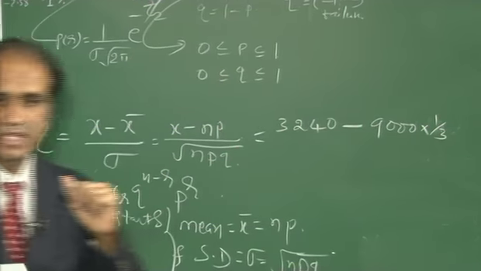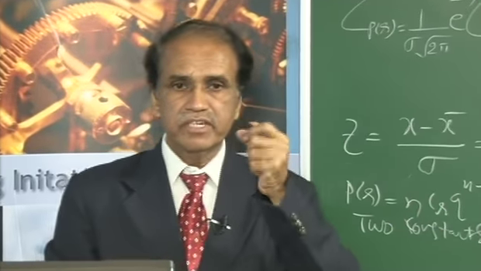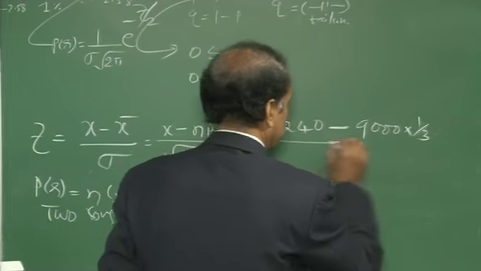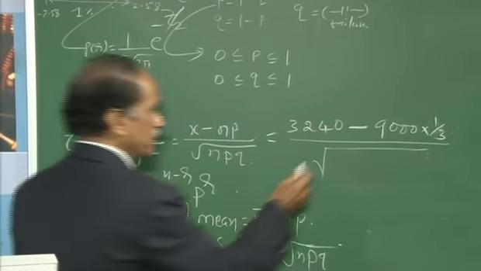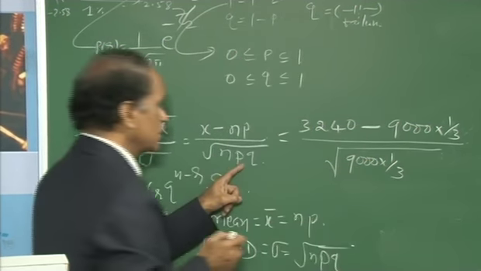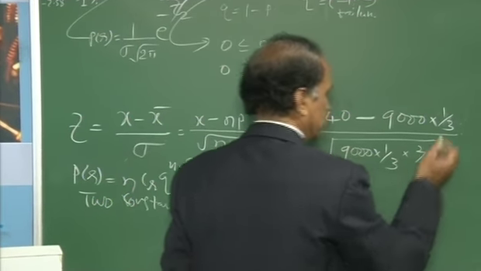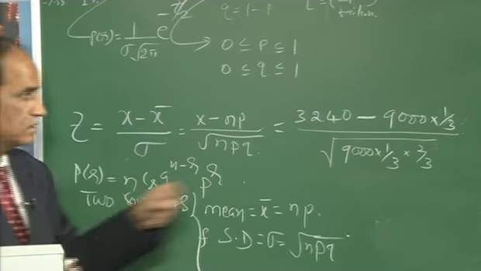What is that 1 by 3? The probability of getting a 5 or 6 on the upper surface in a single throw. Divided by square root of npq, where n is again 9000, p is 1 by 3, and q, which is 1 minus p, is 2 by 3.